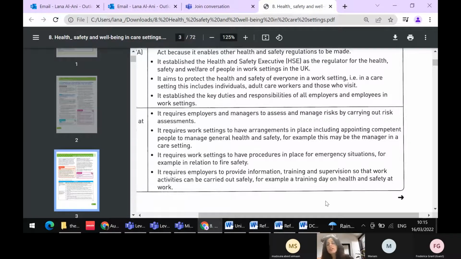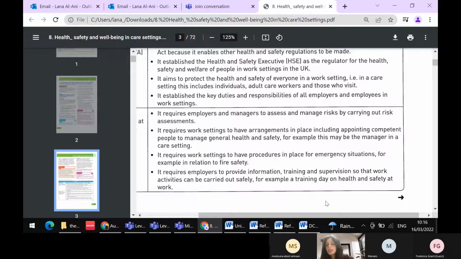It requires work settings to have arrangements in the care setting for people to manage general health and safety. For example, the managers in the care setting, it enables them to manage health and safety. It requires also the work setting to have procedures and policies for emergencies and for health and safety.